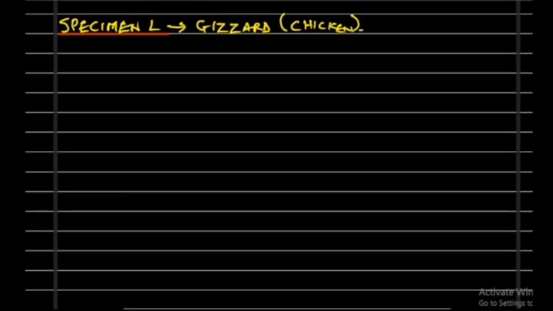So, classification of the domestic fowl now. Kingdom, we have it to be Animalia.